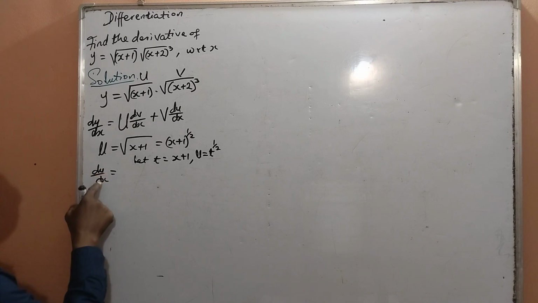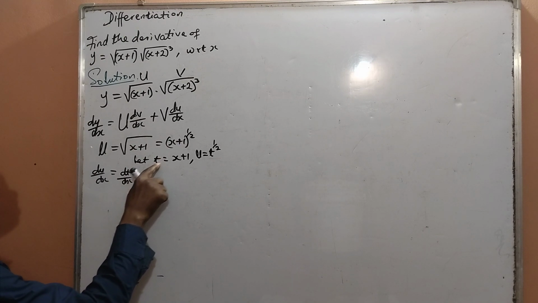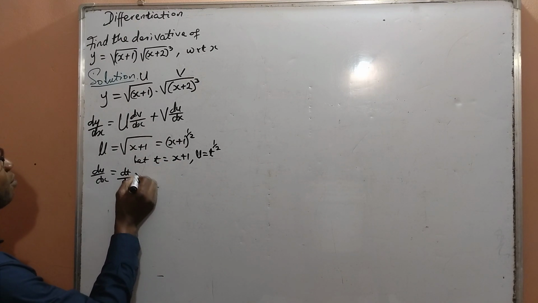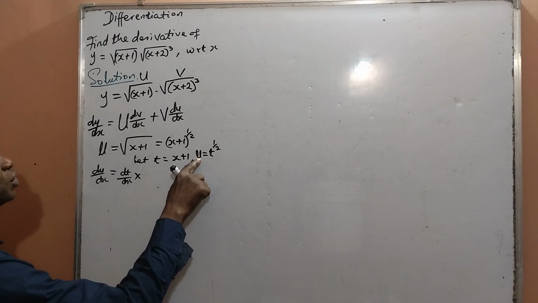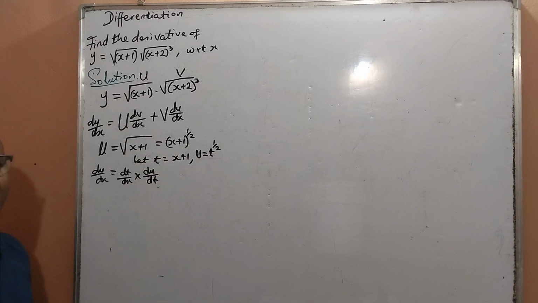Therefore, du/dx is going to be dt/dx, differentiating t with respect to x, multiplied by du/dt.